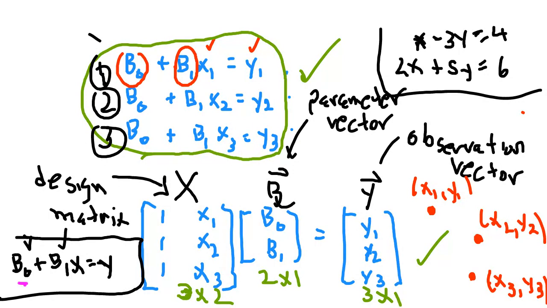So you can't uniquely solve for beta 0, beta 1. All you can do is find the least squares line, the line of best fit, and that requires you to find a least squares solution.